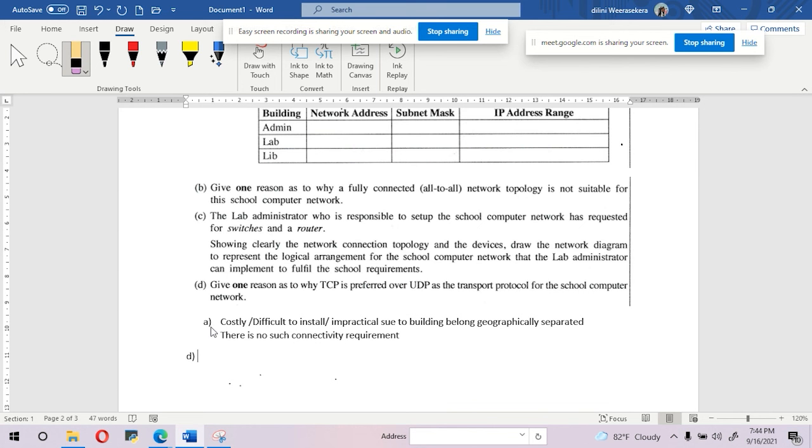It has in-order delivery. Flow control is there, congestion control is there, error recovery is there. If it finds errors, retransmission happens. So for the most secure transmission, TCP is better than UDP.